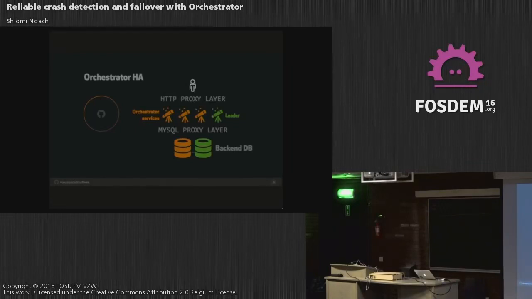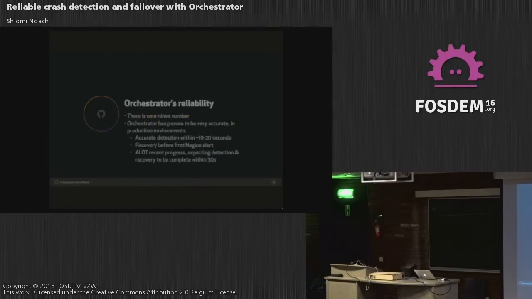Orchestrator relies on a MySQL backend, and there are three solutions to make the MySQL backend for Orchestrator highly available. You can either use Galera for Orchestrator or MySQL Cluster for Orchestrator. I'm working on a solution that would actually allow you a normal master-master configuration availability. And there is some talk by third parties to replace that with Consul and etc. But I don't know if that would happen.